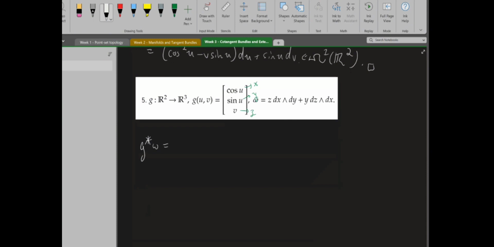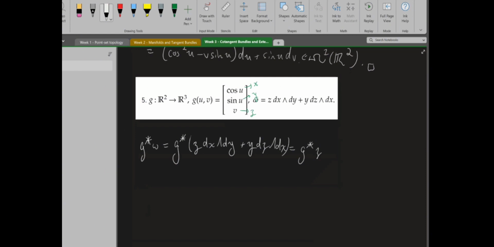So this becomes z, so really, if I'm being formal, I want to write g star of z dx wedge dy plus y dz wedge dx. You don't have to do this, you can just eyeball it.